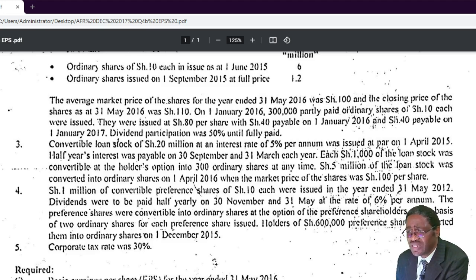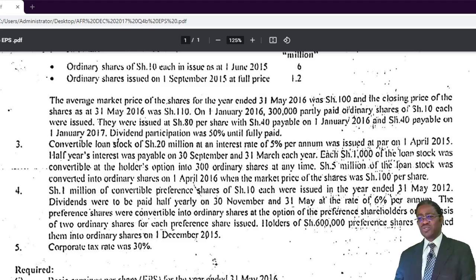Then forget about the dividends being paid. That doesn't make a difference. We just need to know what they had at the beginning and how much is converting. The dividend was 6%, okay? The preference shares were converted into ordinary at the option of the preference shareholders on the basis of 2 ordinary for each preference share. Holders of 600,000 shillings preference shares converted.